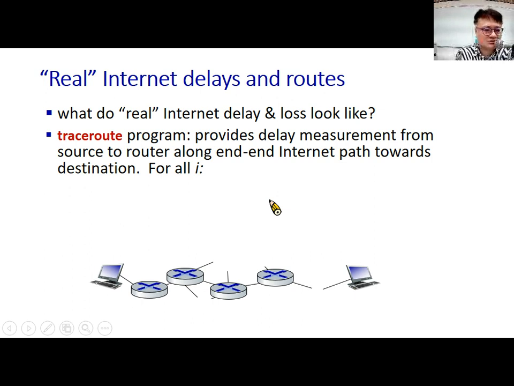Okay. So if you understand transmission and propagation, then we can start on the real internet delay and loss. What does real internet delay or loss look like? Actually, it's the traceroute program. We can provide a delay measurement from the source to each router along the end-to-end internet path toward the destination.